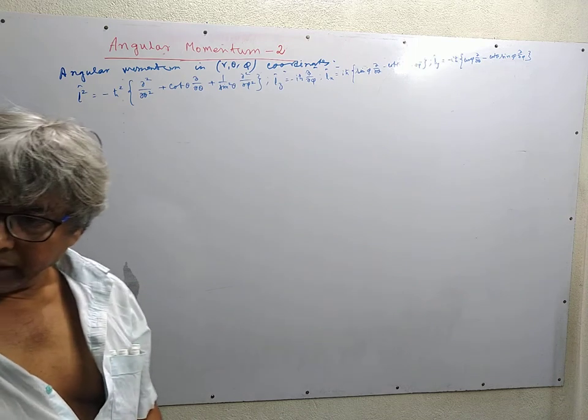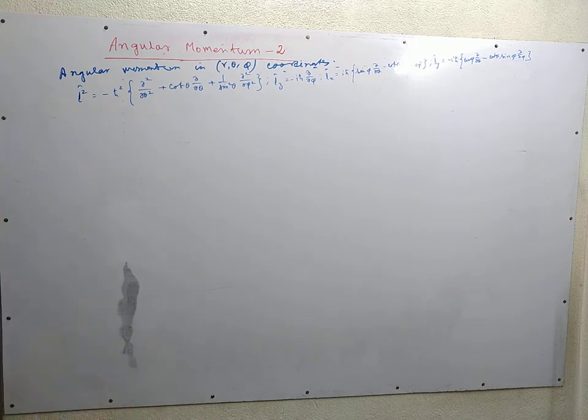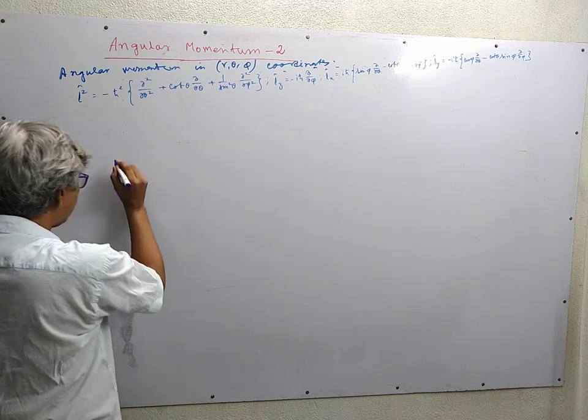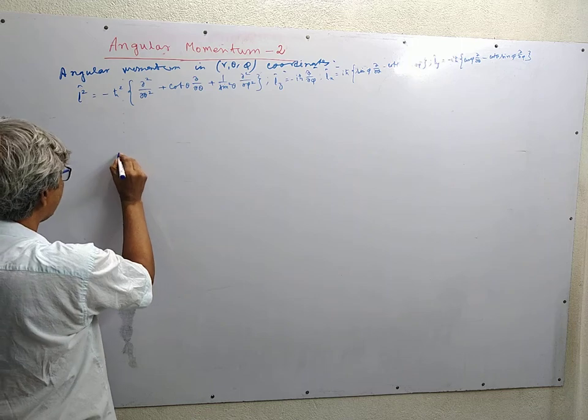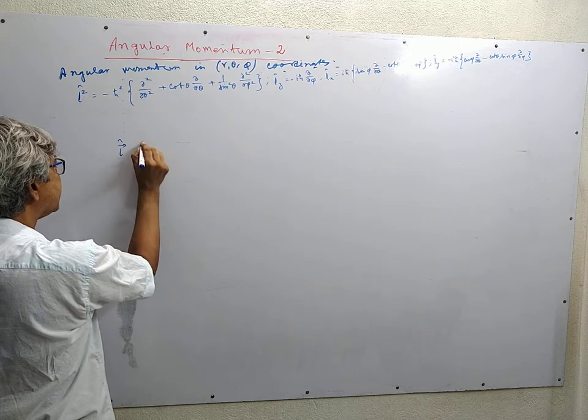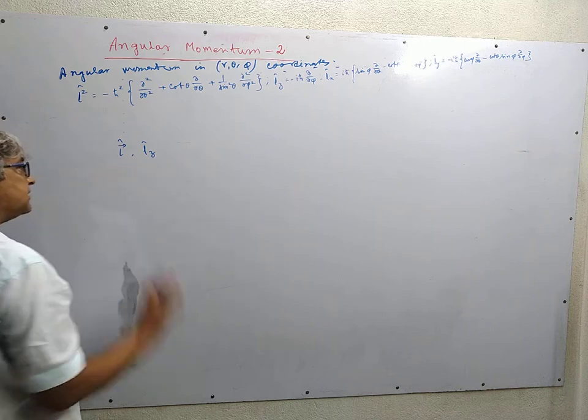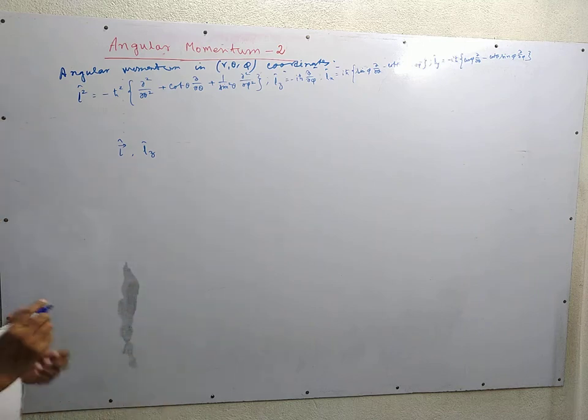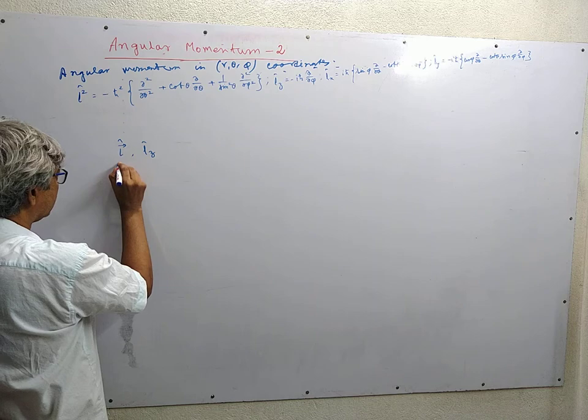Our primary aim is to get the simultaneous eigenvector and eigenfunction of the L square operator and its Lz operator, as these two quantities were introduced in the vector atom model.